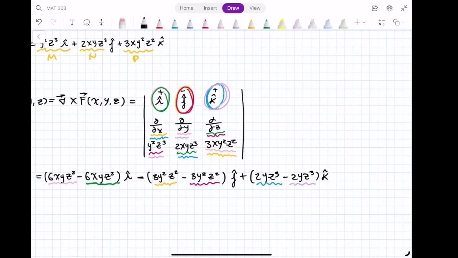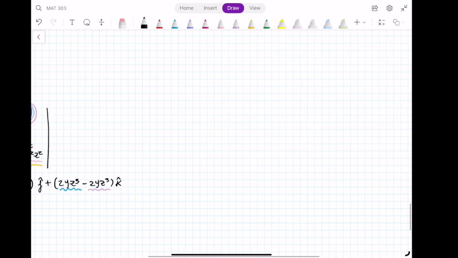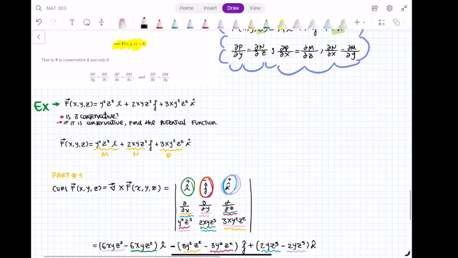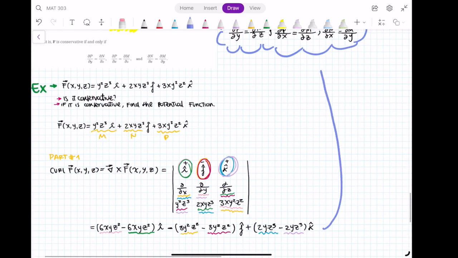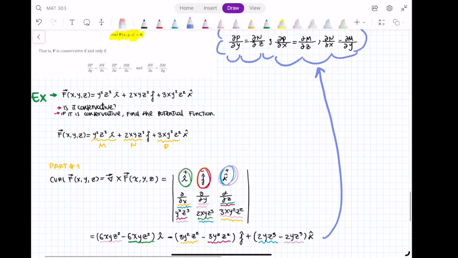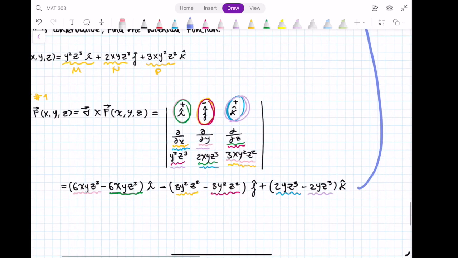So we're going to confirm if this is conservative, checking at this part. So the partial of P should be the same as the partial of N. Let's check.